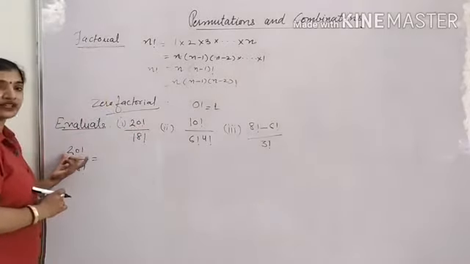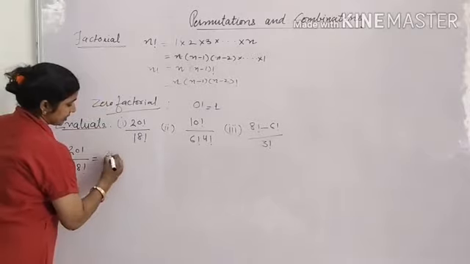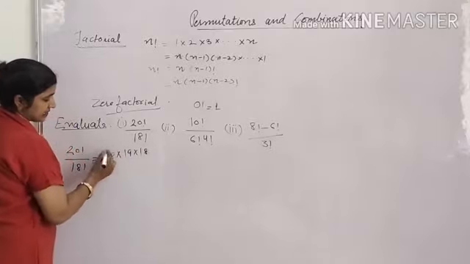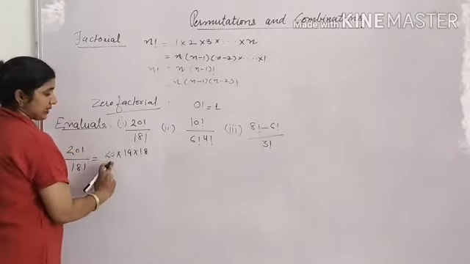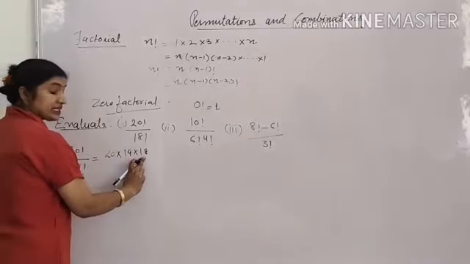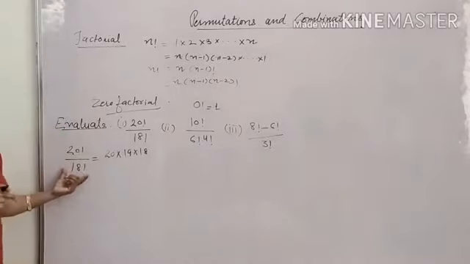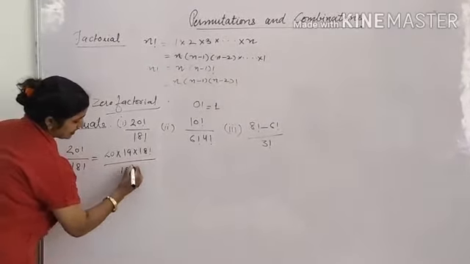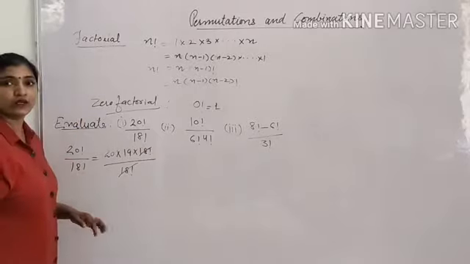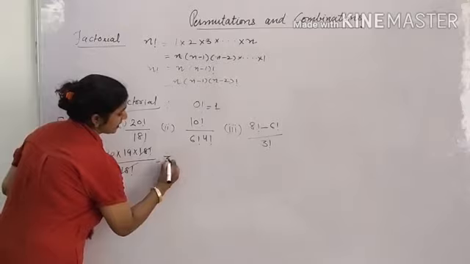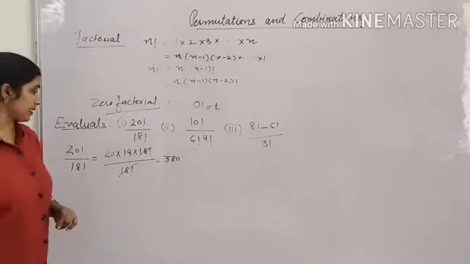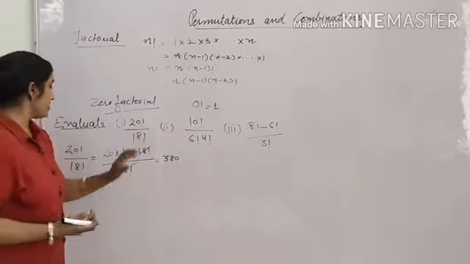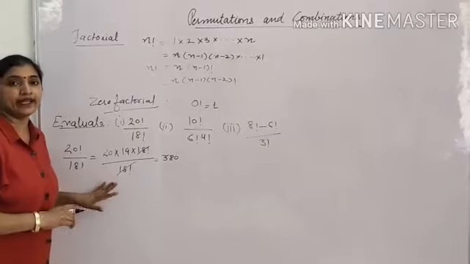So expand 20 factorial as 20 into 19 into 18 factorial. We are reducing the factor one by one: 20, then 20 minus 1, 19, then 19 minus 1, 18. Since the term in the denominator is 18 factorial, we can stop at 18 factorial. 18 factorial divided by 18 factorial gets cancelled out, and the calculation is quite easy now. It is 380. So without doing a lot of calculations, with the help of this deduction, we have made our sum quite easy.